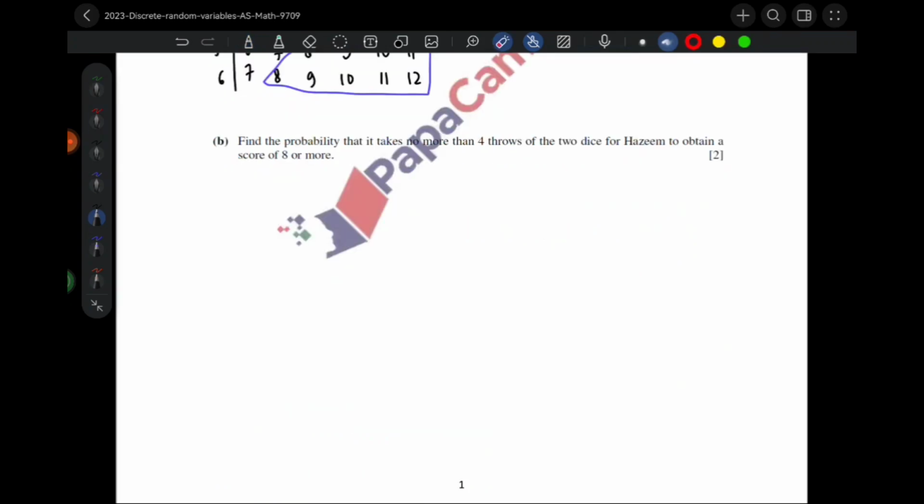Okay, for B, find the probability that it takes no more than 4 throws of the 2 dice for Hazim to obtain a score of 8 or more. So let's say X is a random variable that represents on which throw she gets 8 or more.